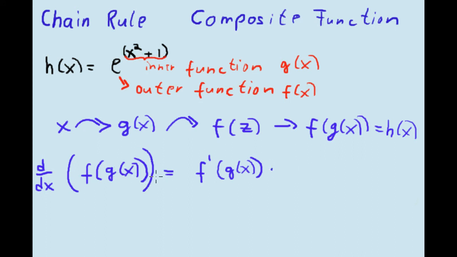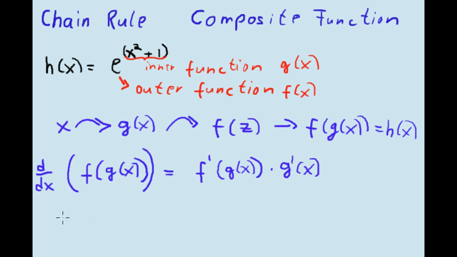Now the inner one is g of x, so the inner derivative is g prime of x. That's it. Yeah, this looks big, but it is probably the most useful rule that you will learn in the context of differentiation. So let's try to apply this rule to that particular function.